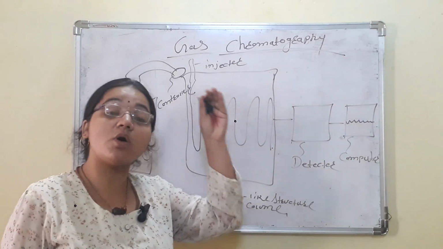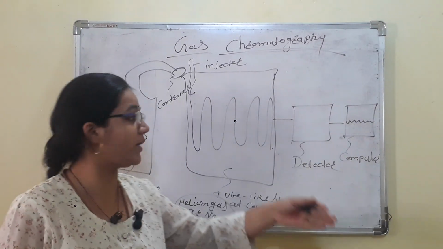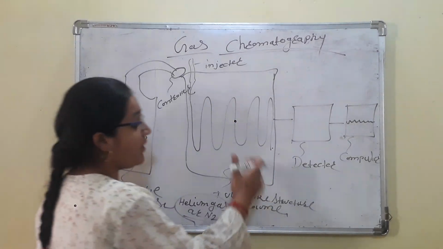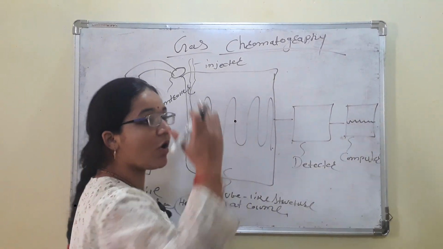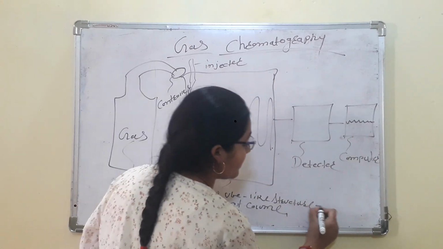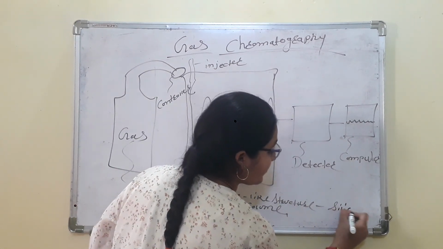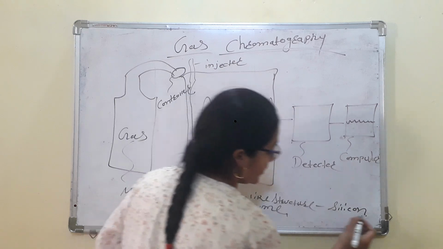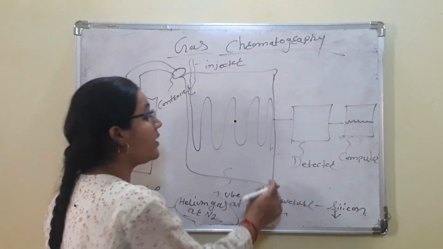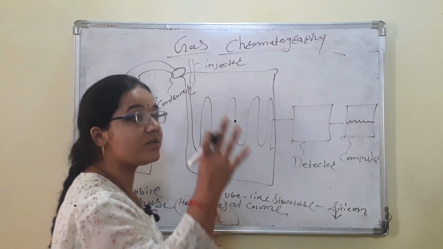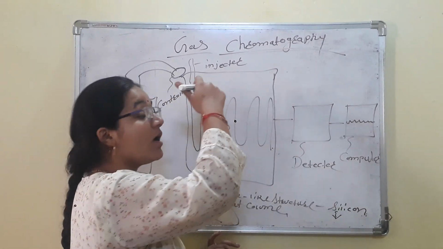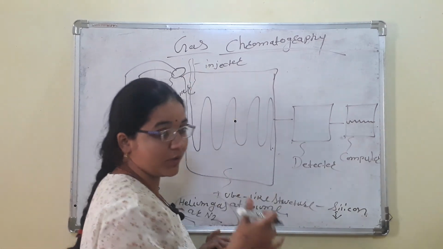The stationary phase is always selected to have a high boiling point, for example silicone, because it is very important that the stationary phase is properly settled in the column and stable.